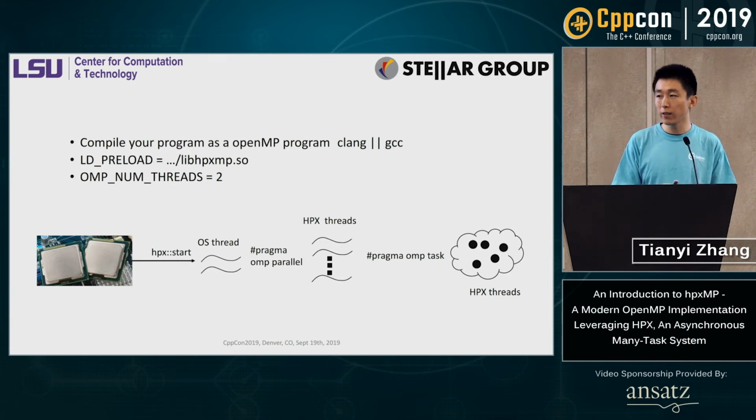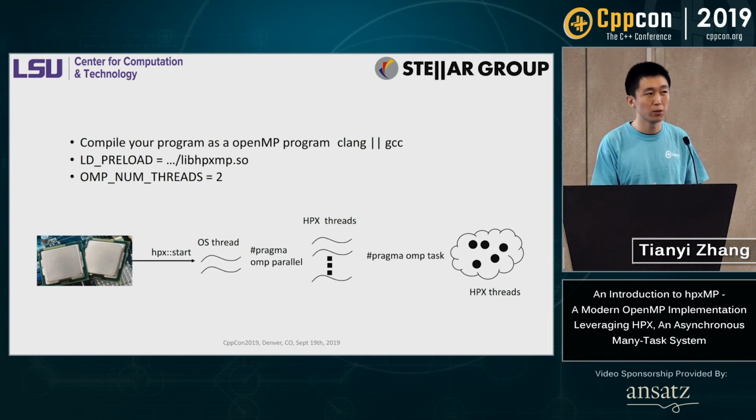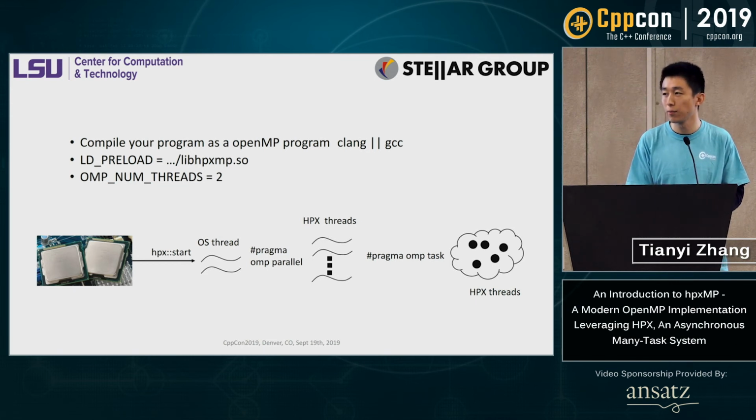For example, if we have two cores, HPX will start two operating system threads, and when it sees the pragma OMP parallel, it will create as many threads as you wanted. So HPX threads will be created, and if you have tasks, HPX will also create HPX threads and schedule those threads onto the operating system threads.